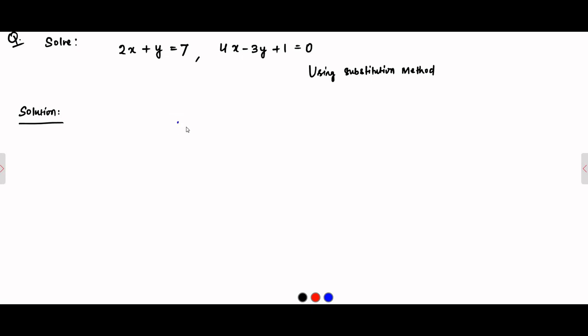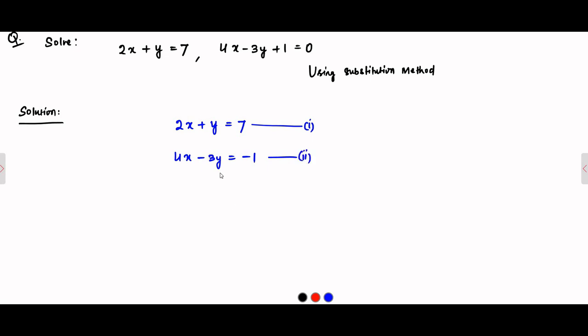First, 2x plus y is equal to 7, equation 1. And this we'll write as 4x minus 3y is equal to, taking this plus 1 to the RHS, it becomes minus 1. So this is equation number 2.